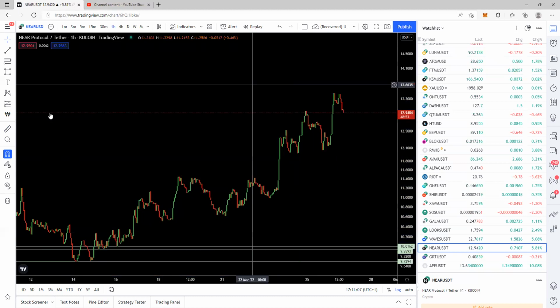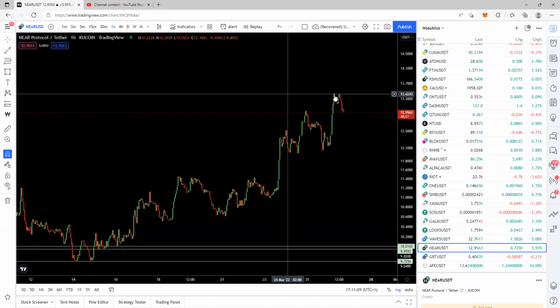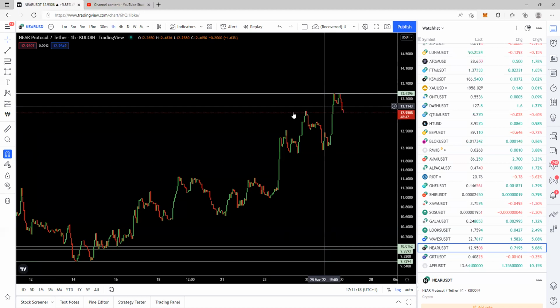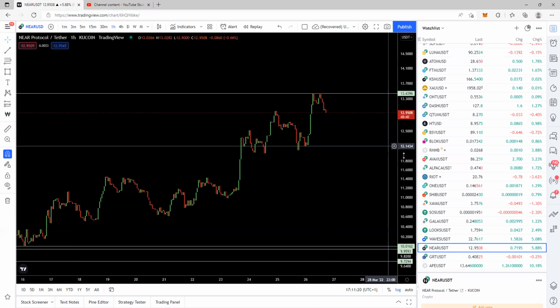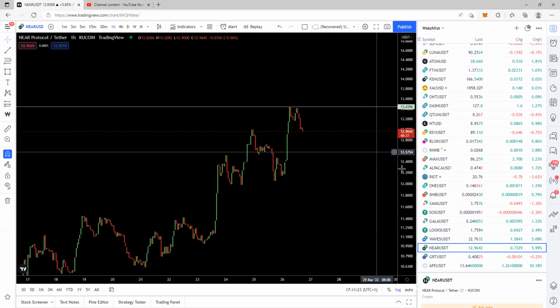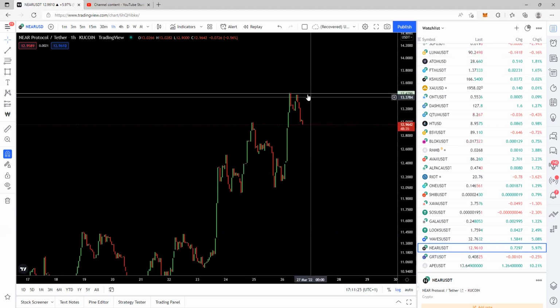So now let's take a look. This was our high right there. And just below that was a lower high right here.